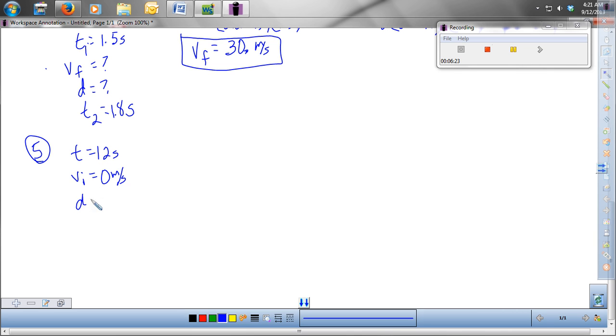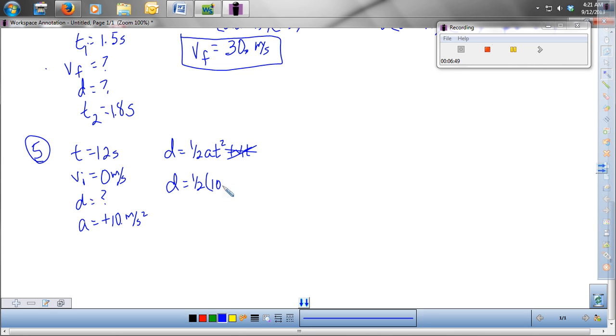And we're looking for the distance. And we know that gravity is going to be acceleration of positive 10 meters per second squared. So I'm going to look for the distance that she falls in 12 seconds. Get rid of that, because the initial speed is 0.